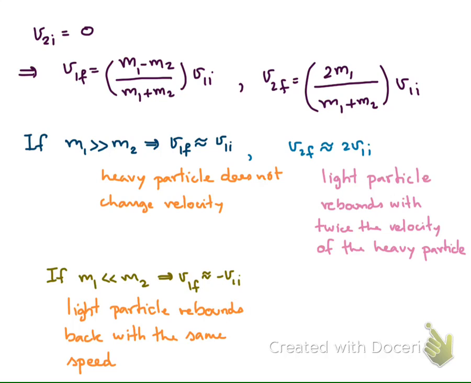that the velocity of the heavy particle is approximately equal to 0. This is obvious because you can see from this equation, if M2 is much larger than M1, twice M1 is still much smaller than M2, so this ratio is very small and we can approximate it as 0.